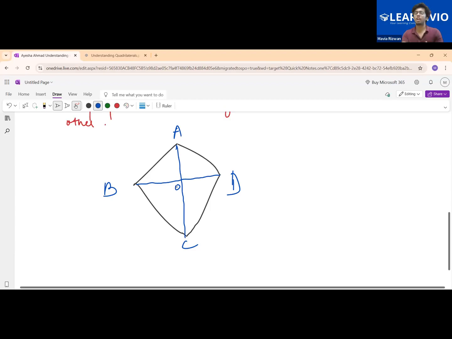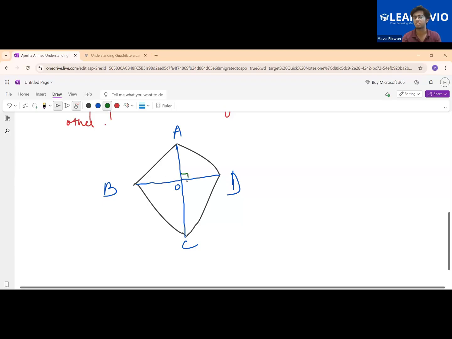Okay, Aisha, we already know that in a parallelogram, the diagonals are bisectors, right? In a parallelogram, diagonals cut each other in half. This was a property of diagonals we discussed. Same here, the diagonals of a rhombus are bisectors because a rhombus is also a parallelogram, but the special part is they are perpendicular.